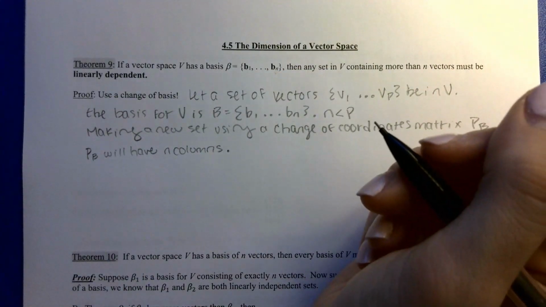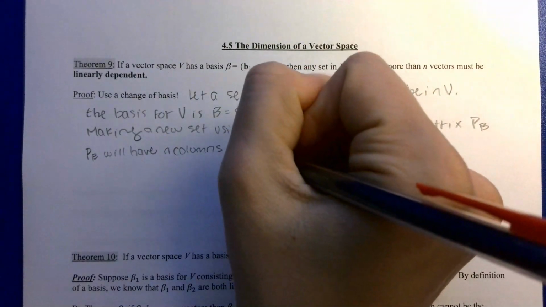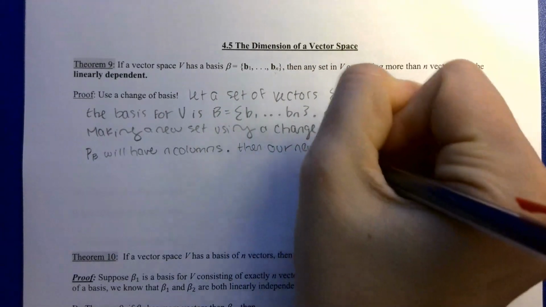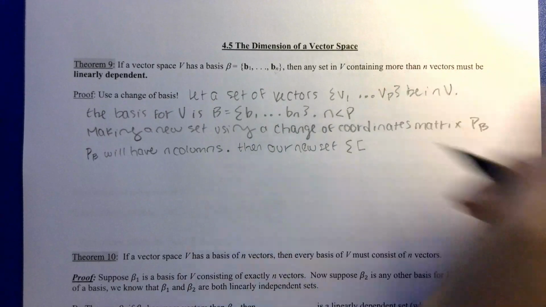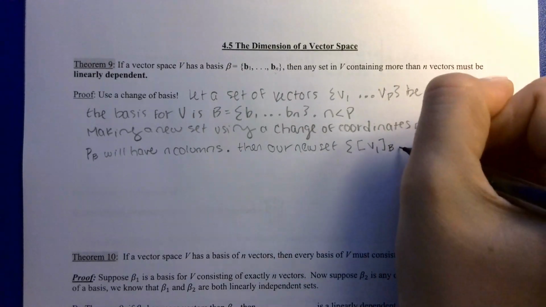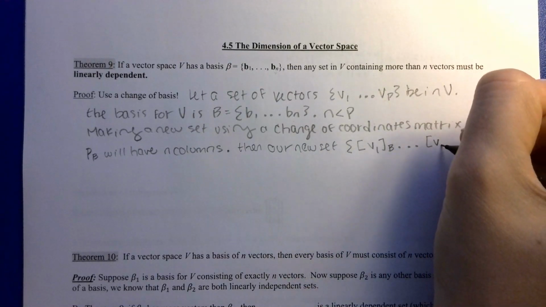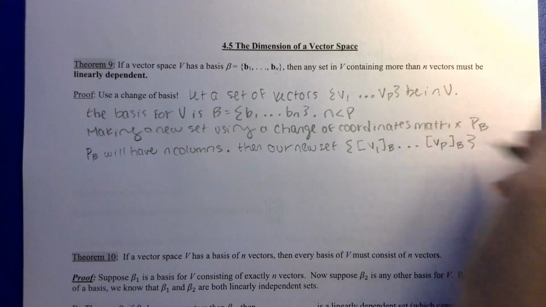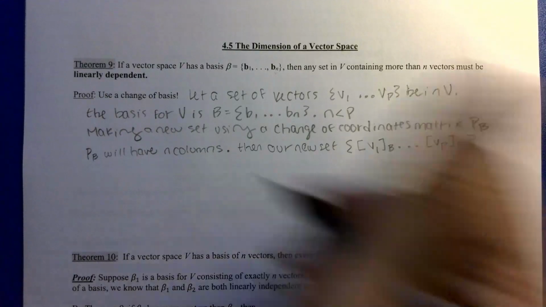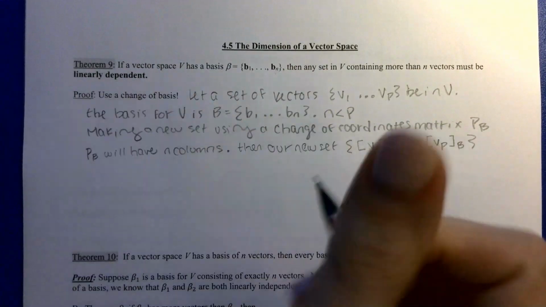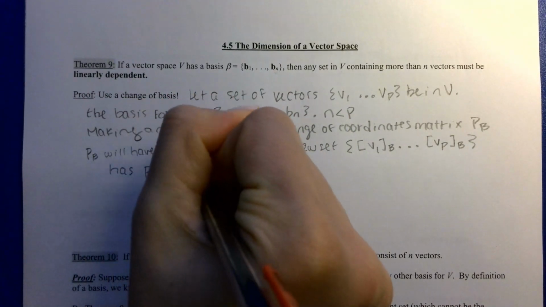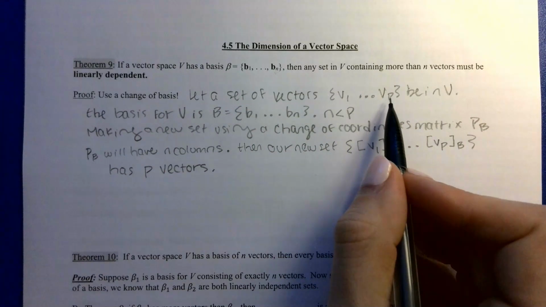All right. So if we make a new set of vectors, then our new set, and I'm going to use the notation we used in 4.4, which was v1 with respect to basis B, all the way up to vp with respect to basis B, has p vectors, and that makes sense, because we had to transform all of these vectors to be in the new basis.